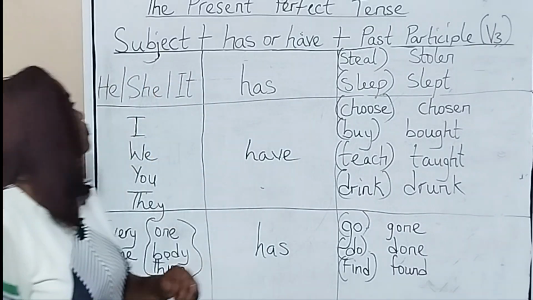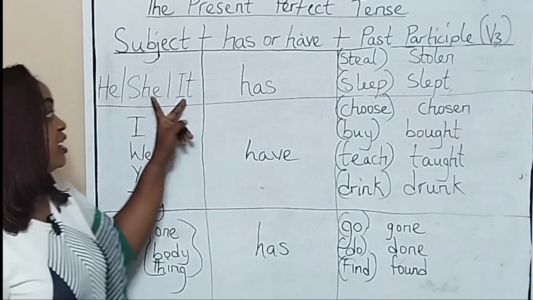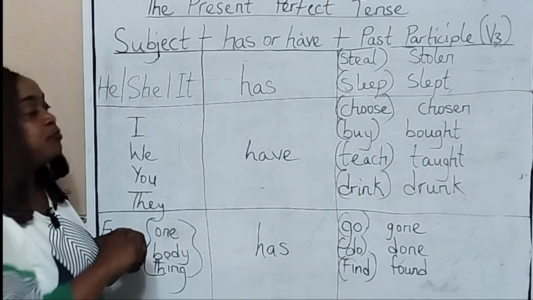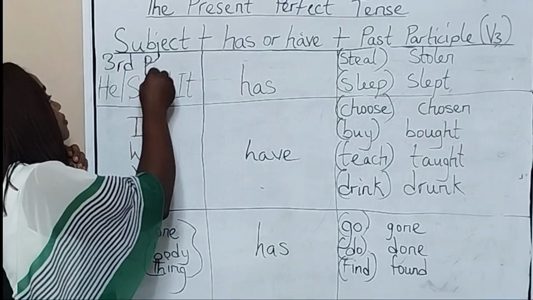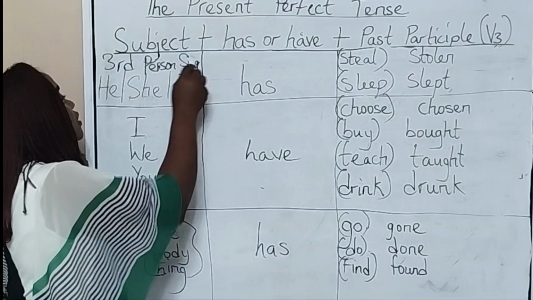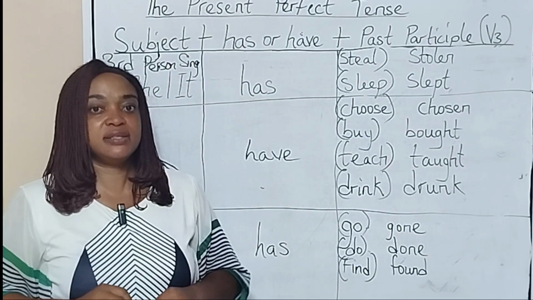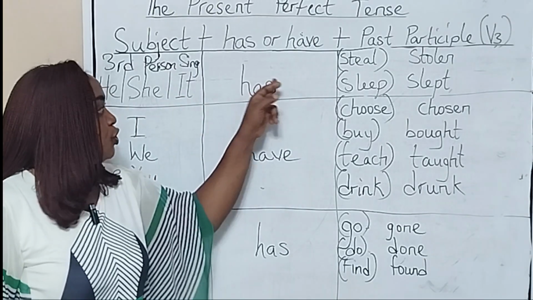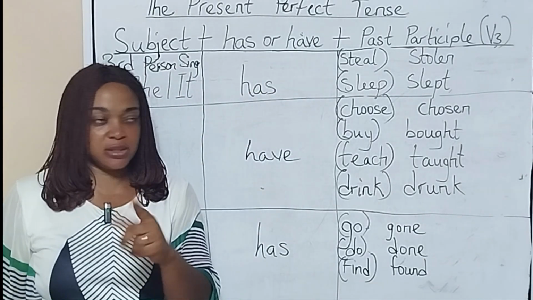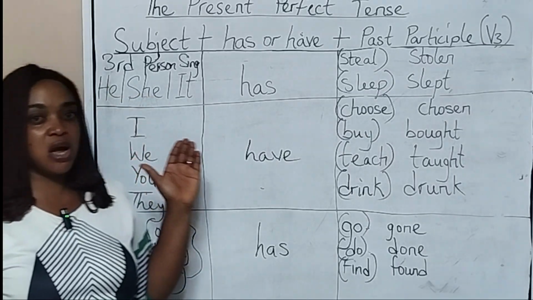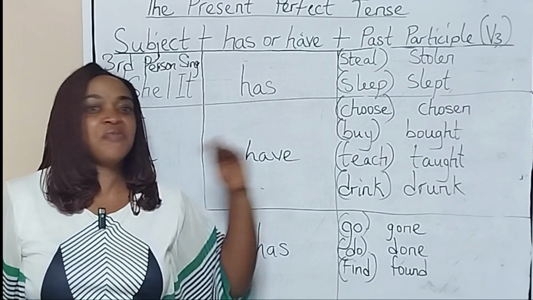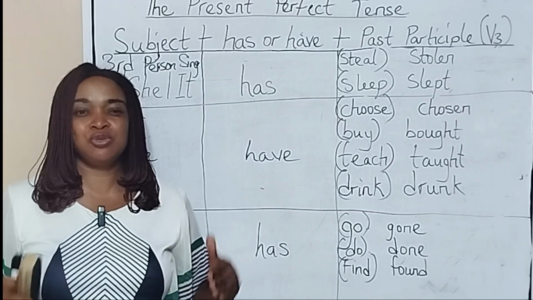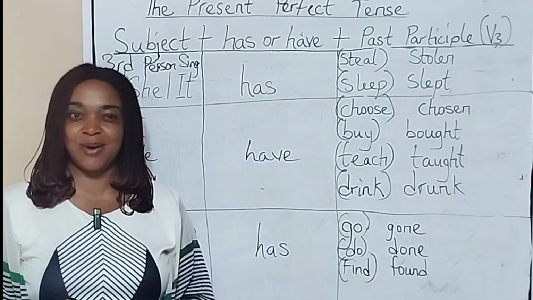Now let's do this. He, she, it, has. We call this third person singular. And whenever you have any of these subjects, you must take has. Don't forget, we always use the pronoun because a pronoun is the equivalent of a noun, and it's the only part of speech that can be used to represent a lot of nouns.